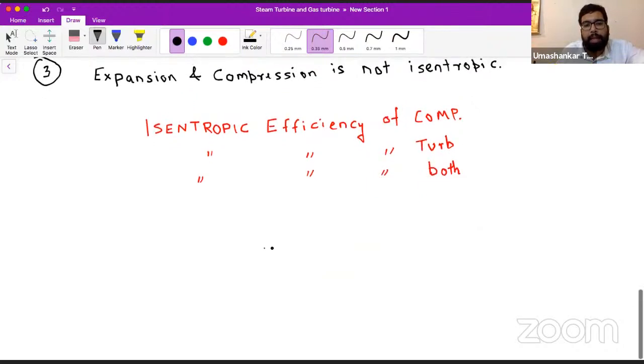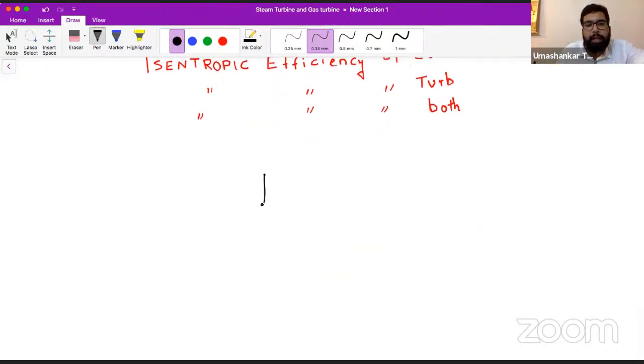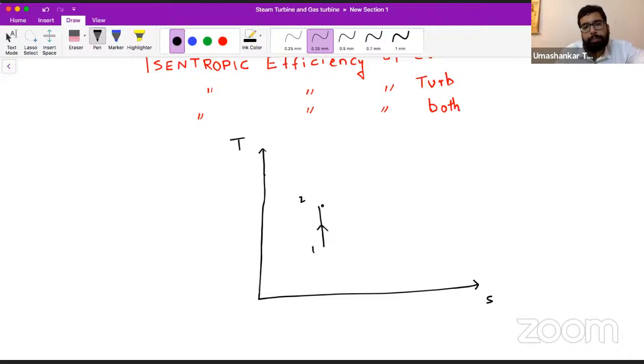So now how is our ideal cycle? Let's say we are making a TS diagram. This is our ideal cycle, and this is the pressure line.